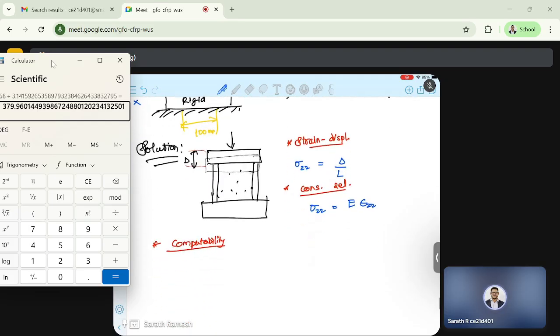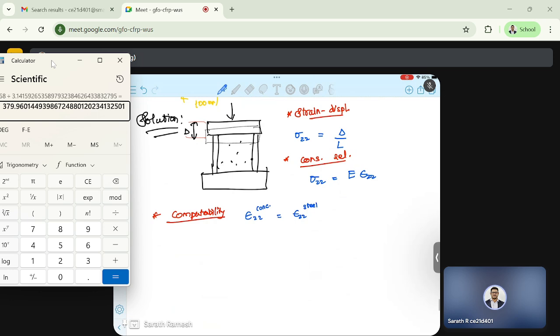So this gives us epsilon zz of concrete equal to epsilon zz of steel. Using the constitutive relation, we can write sigma zz of concrete by E of concrete is equal to sigma zz of steel by E of steel.